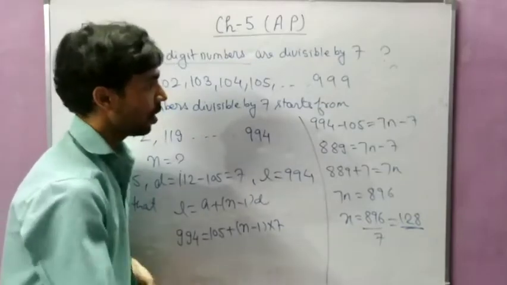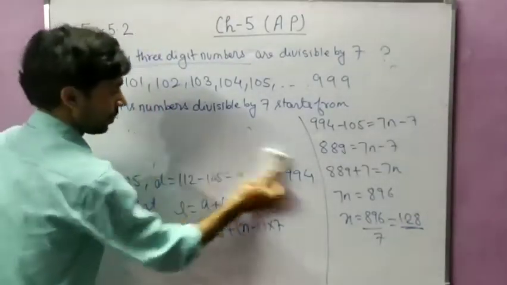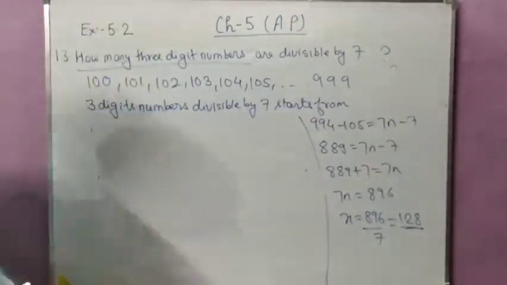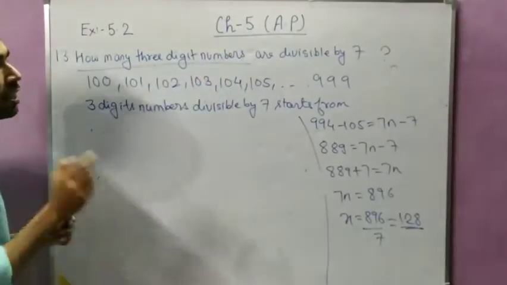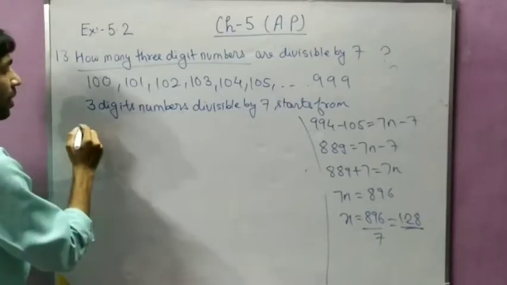So what I will write in the last: whenever a question says how many, it means you have to find the value of small n. So what you will write?